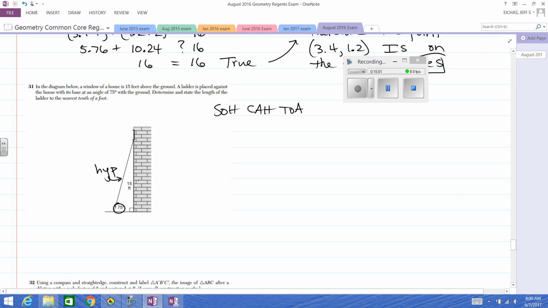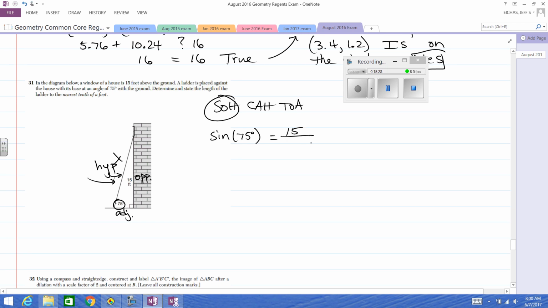Compared to the 75-degree angle, this is the leg that's opposite, and this is the adjacent leg. All right, opposite, we want the ladder. The ladder is the one that's leaning, so that's going to be the hypotenuse, and we get the 15 feet for opposite. We should be using sine. All right, so sine of that 75-degree angle should equal, we'll call it x.